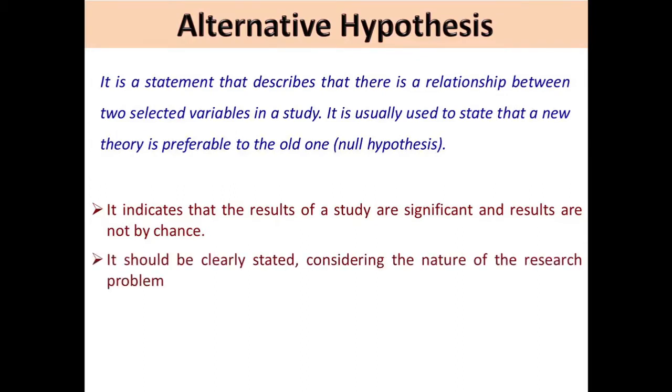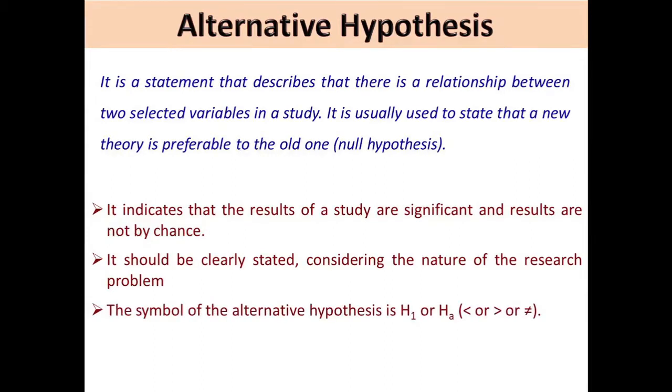The alternative hypothesis should be clearly stated considering the nature of the research problem, and the symbol of the alternative hypothesis is either H1 or HA, while using less than, greater than, or not equal to sign. The alternative hypothesis is based on the concept that when sufficient evidence is collected from the data of a random sample, it provides a basis for proving the assumption made by the researcher regarding the study.